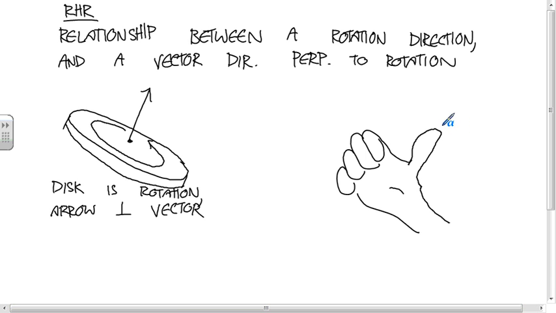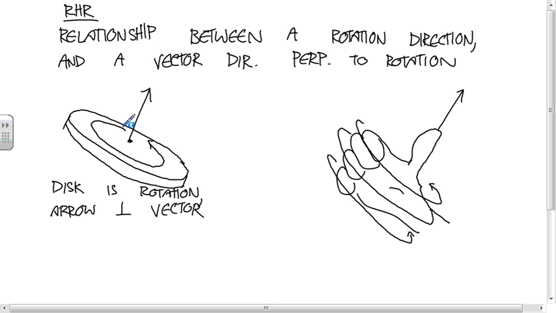So your thumb represents the vector, and the way your fingers curl represents the direction of the rotation. But you have to remember to have your thumb be perpendicular to the circles that your fingers are representing. I've seen a lot of people get things wrong because they hold their hand like this and then their thumb's pointing in the plane of that rotation.